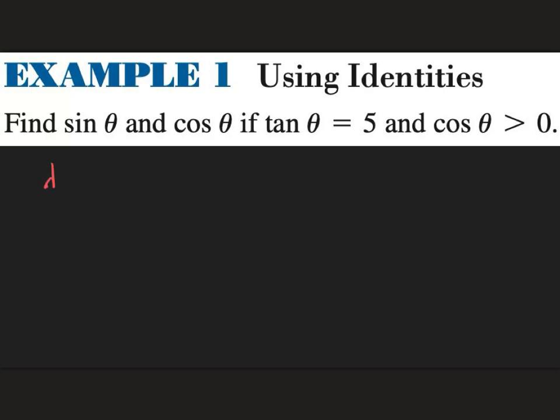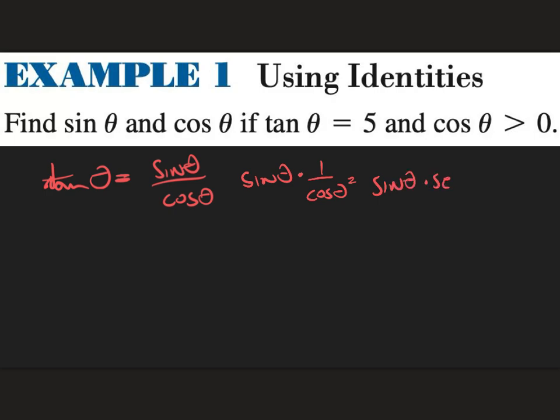So the tangent of theta is equal to the sine divided by the cosine, or the sine times the secant, because remember the cosine times 1 over the cosine, which equals the sine of theta times the secant of theta. Okay, I'm just using some of the reciprocal identities.